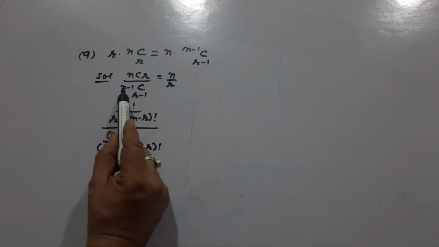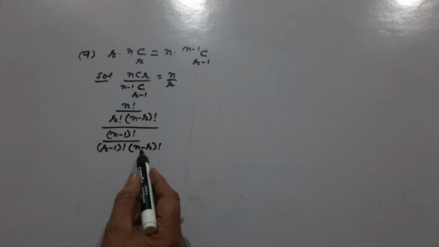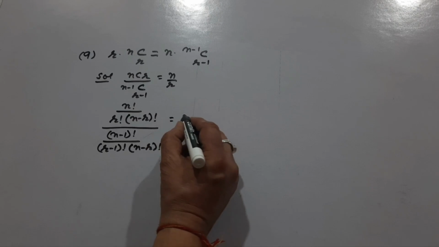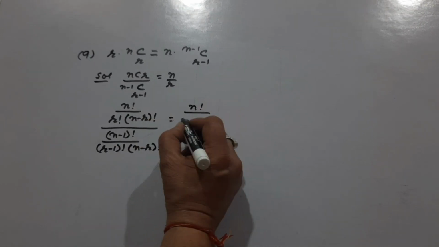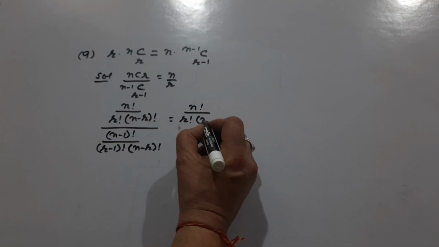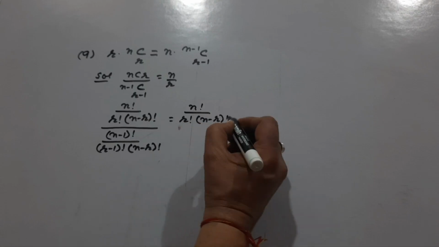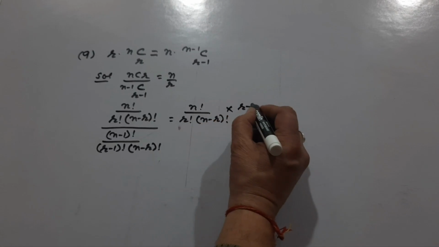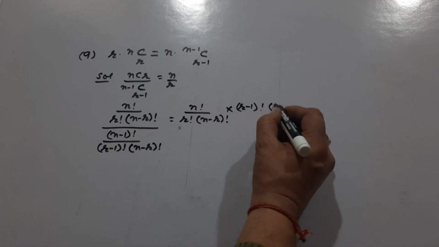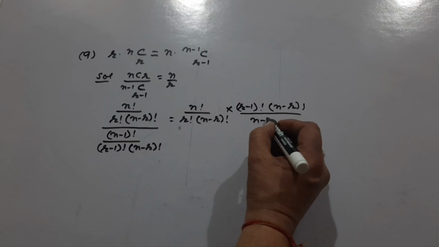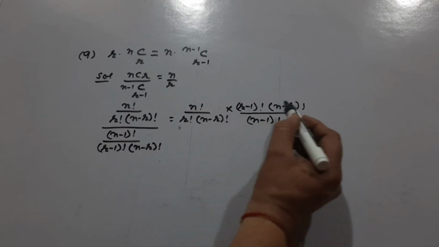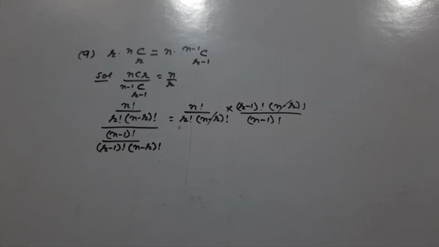We have to subtract r from n minus 1, so what do we get? n minus r. Right. Now solving it, n factorial upon r factorial into (n minus r) factorial, (r minus 1) factorial, (n minus r) factorial upon (n minus 1) factorial. So cancelling (n minus r) with (n minus r).